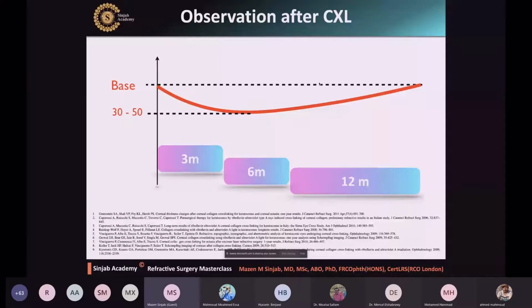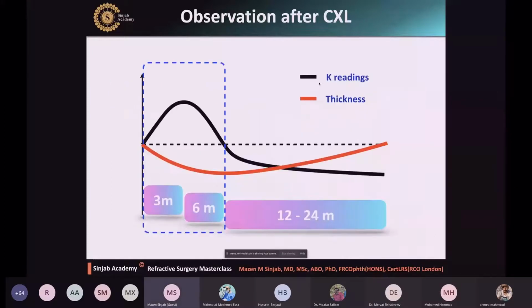So if we gather these two together and look at the first 6 months, the criteria are very similar to the progression of ectatic corneal diseases. There is thinning and there is steepening. So do not judge if there is failure or not in the cross-linking during the first 6 months.